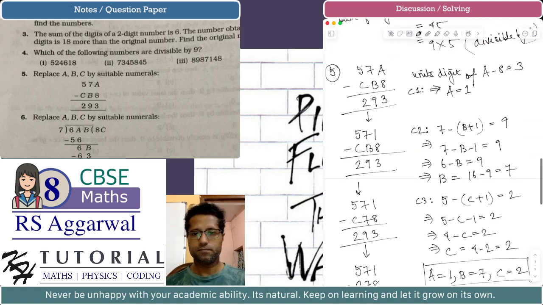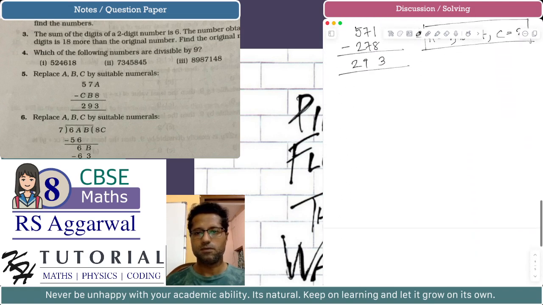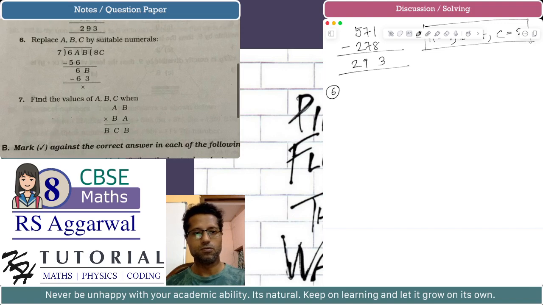Okay, let's do problem number 6. Replace ABC by suitable numerals. We have 6AB divided by 7 and we have quotient 8C and minus 56.